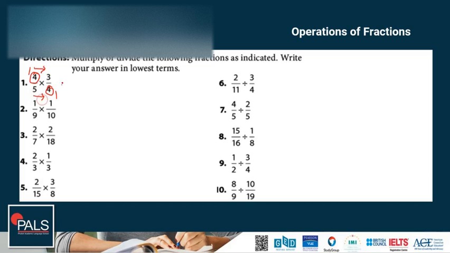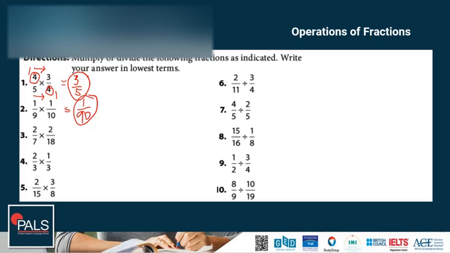So we have 1 times 3 is 3. 5 times 1 is 5. So the answer is 3 over 5. Number 2, we can't cross cancel, so we can just proceed to multiplication. 1 times 1 is 1. 9 times 10 is 90. So the answer is 1 over 90.